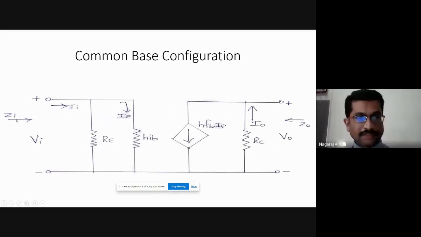Then other parameters are Zi input impedance, Vi input voltage, II input current. The current flowing through HIB is the emitter current IE, since it flows into the emitter terminal. Then we have HFB I, alpha I, the controlled current source. Then RC, the current flowing into the circuit is I0, output current, output impedance Z0, and output voltage V0.